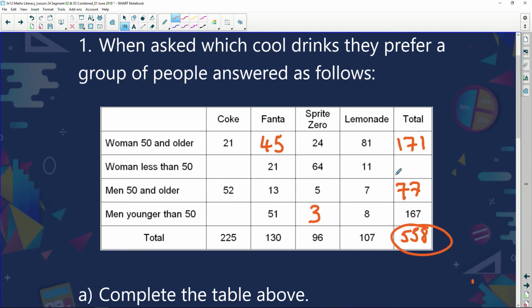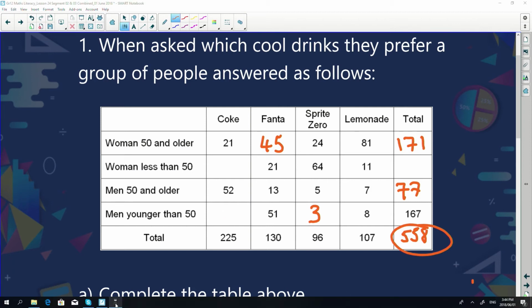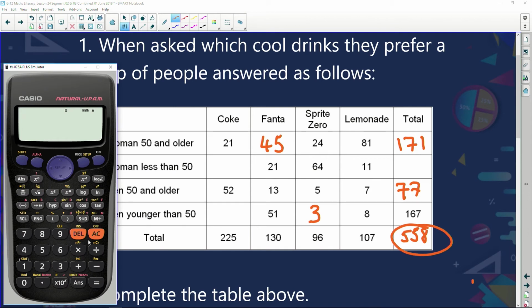At the same time, I could also fill in the total for the women less than 50. Why? Because I've only got one missing in this column. So we can do either one. I'm going to look at men younger than 50 and see how many of them liked Coca-Cola. How many men younger than 50 did we interview?